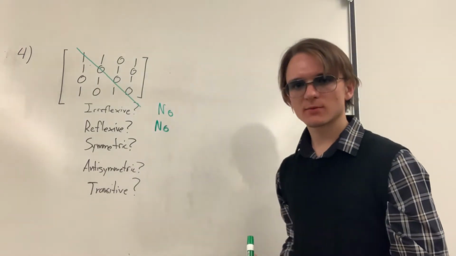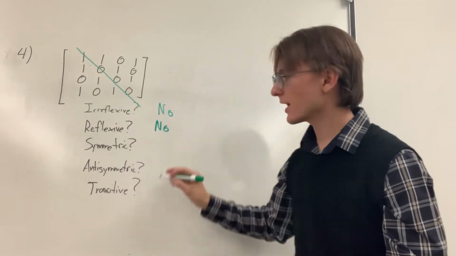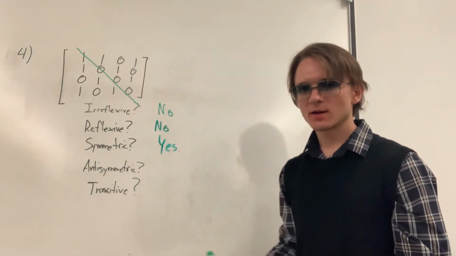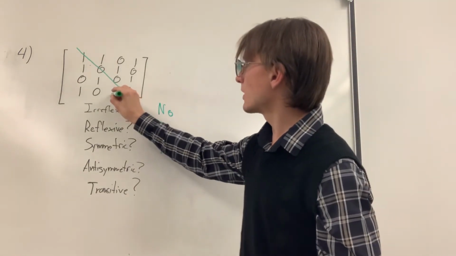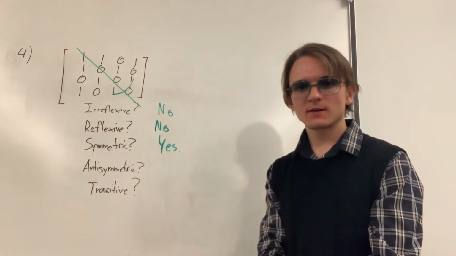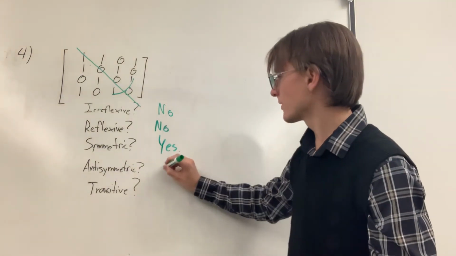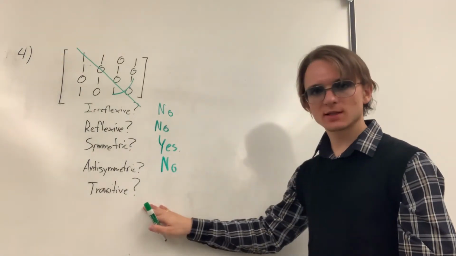It is not reflexive. Is it symmetric? Yes, because it's mirrored across the diagonal. Is it antisymmetric? Well, we can give many examples as to why it's not antisymmetric. This one corresponds to a 1 on the other side of the diagonal, and so that's a case of symmetry. Therefore, no, it is not antisymmetric. Is it transitive?